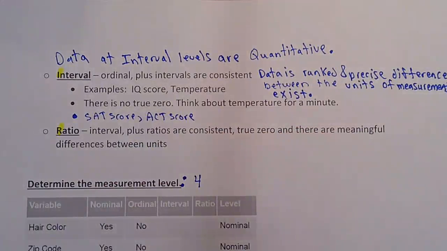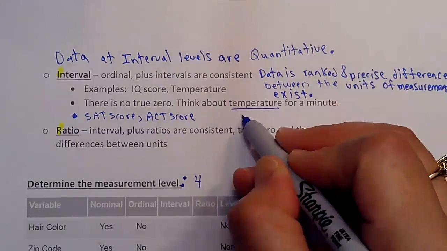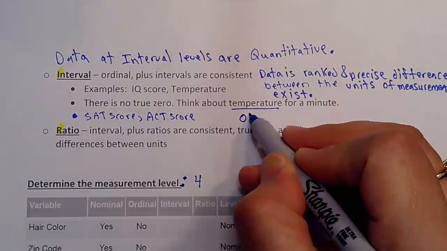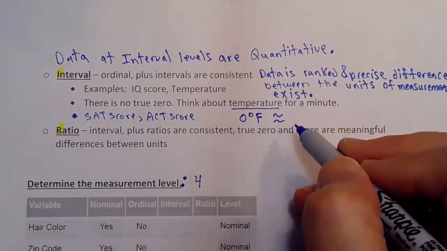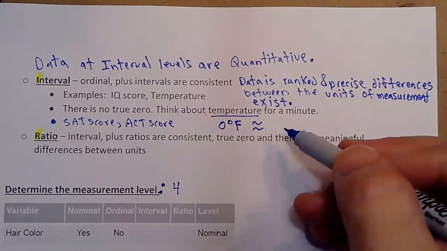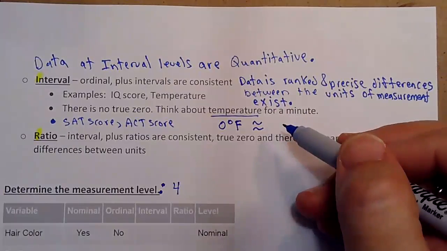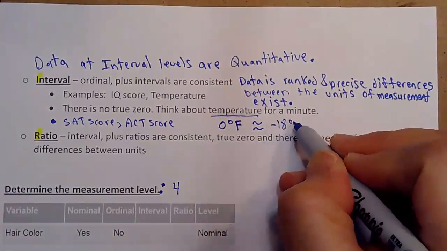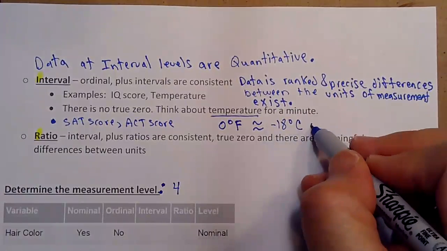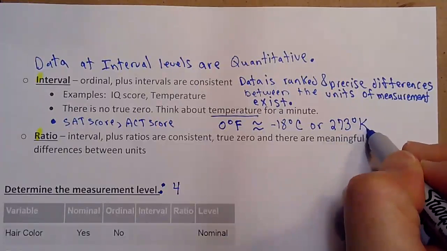Think about temperature for a minute. They say there's no true zero because if somebody talks about 0 degrees Fahrenheit, if you've taken a chemistry class or physics class, you will learn that 0 degrees Fahrenheit is actually -18 degrees Celsius, or even, I believe, 255 degrees Kelvin.